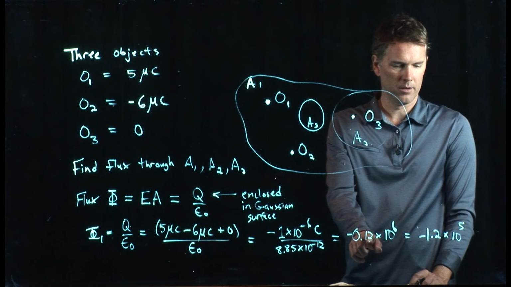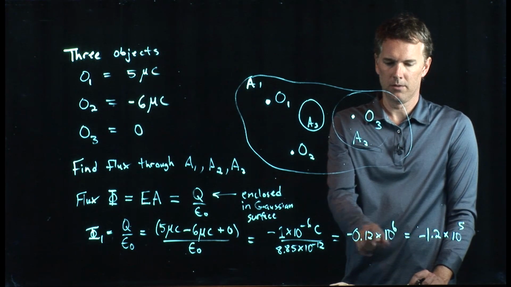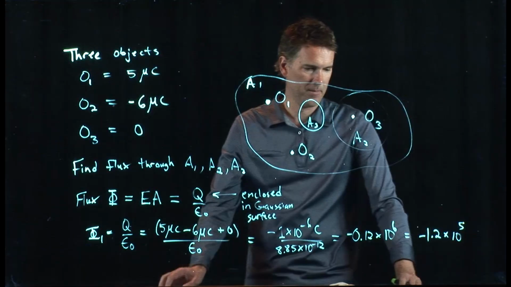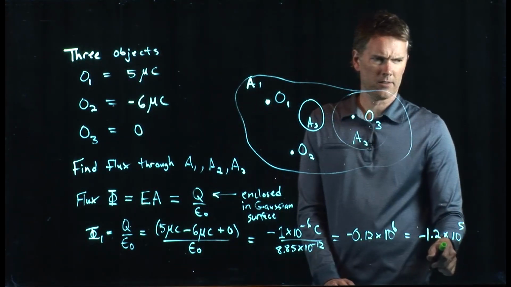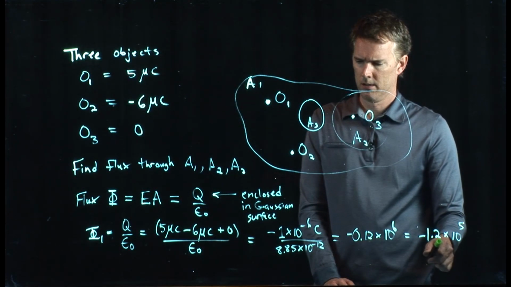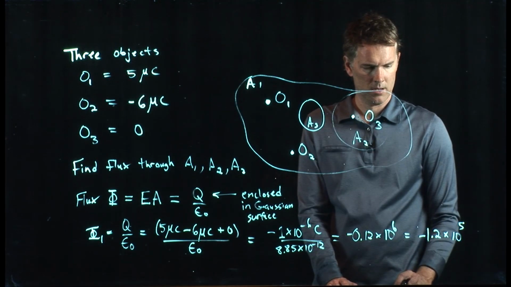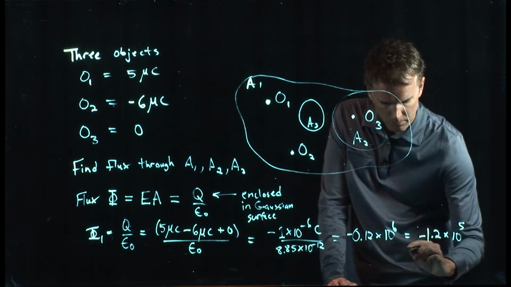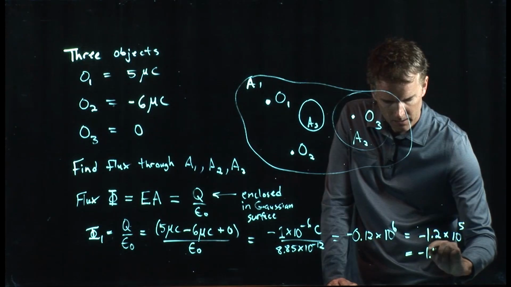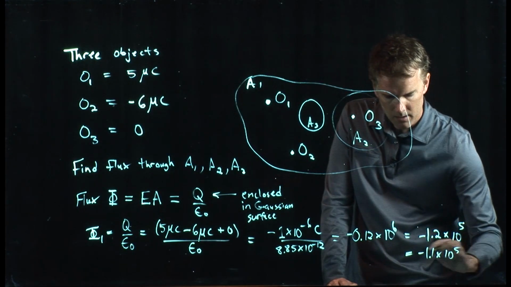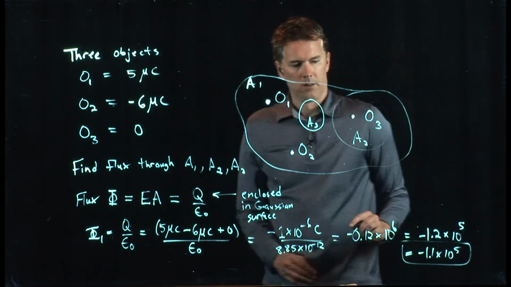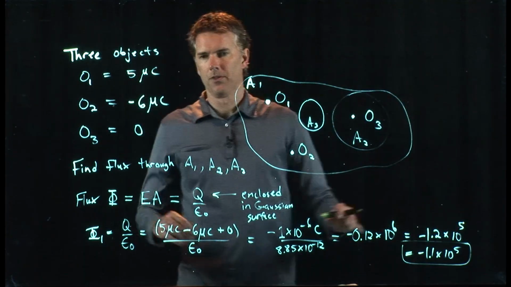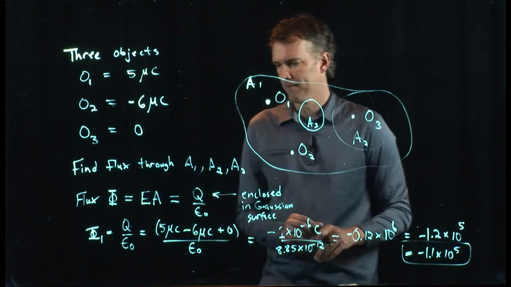I moved it over 1, and so we need to drop 1 from there. Is that what you guys got in your calculator? Did you try that? 1.1? Okay, so 1.1 in the calculator times 10 to the 5, and you can figure out what the units are on that.